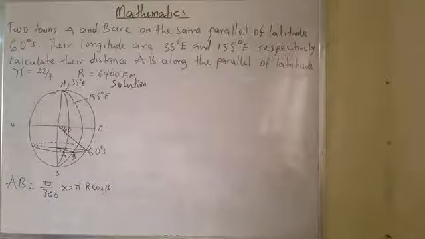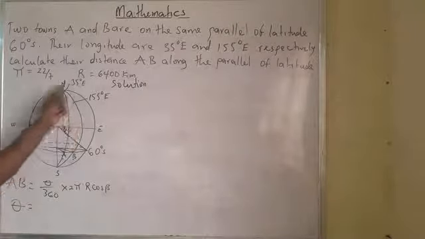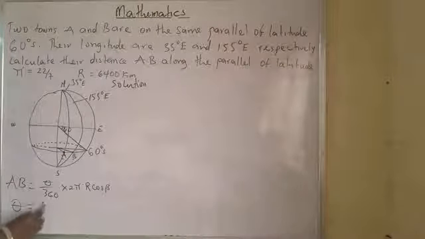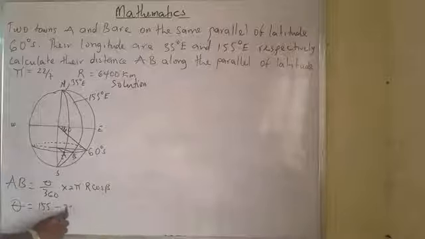Now, I'm talking about my small r, my small radius. One thing I need you to understand here is that my theta will be equals to, this is east and east, it means 155 minus 35.